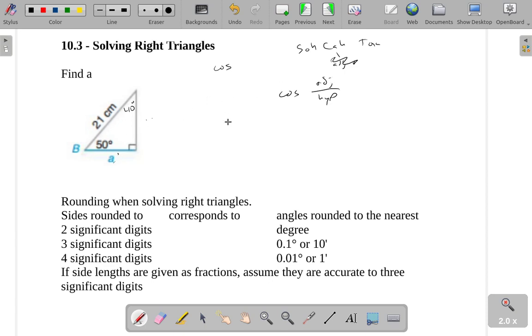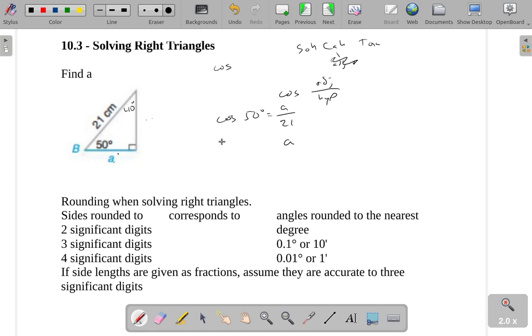So that means that the cosine of 50 degrees is the side that's adjacent to it, that's A, over the hypotenuse, which is 21. Alright, well that means I can find A, because I have an equation, and that's the only thing that's unknown here.